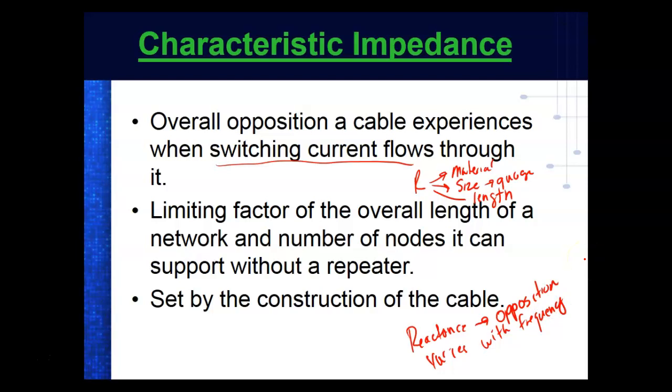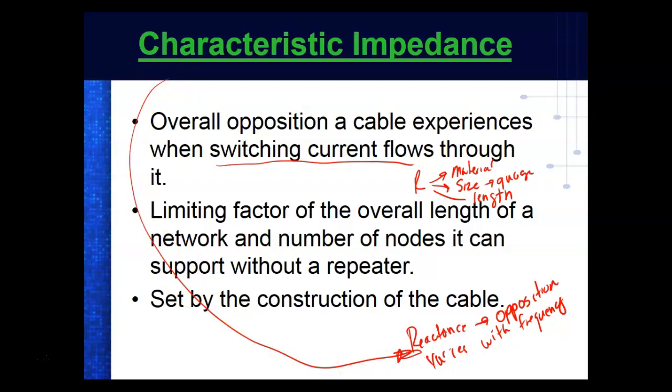So it depends on what type of opposition we have. We have what they call inductive reactance and capacitive reactance. I think we have just a little introduction on that. But characteristic impedance is this guy right here.